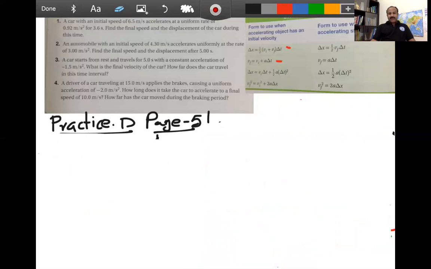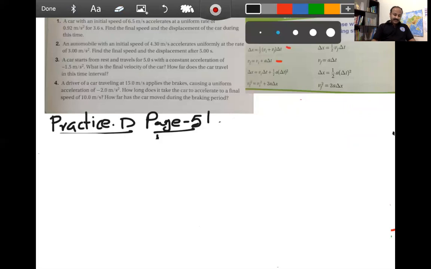So the time duration is given as 5 seconds with a constant acceleration of minus 1.5 meter per second square. So acceleration is also given. What's the final velocity of the car? So you're looking for Vf. How far does the car travel during this interval? That means delta x. So Vf and delta x are the ones you need to find out. Okay. So first you write down the values given.